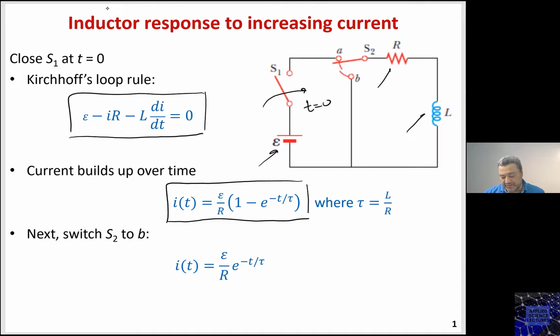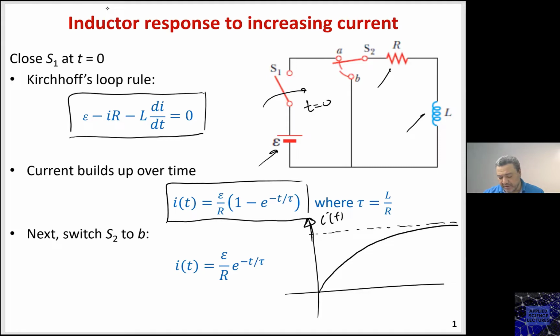In this case, the current here will increase exponentially until it reaches the maximum value, which is here epsilon divided by R. So this is the final value here. This is I of t and this is t. So this is the current response for an inductor that is seeing an increase in the current.